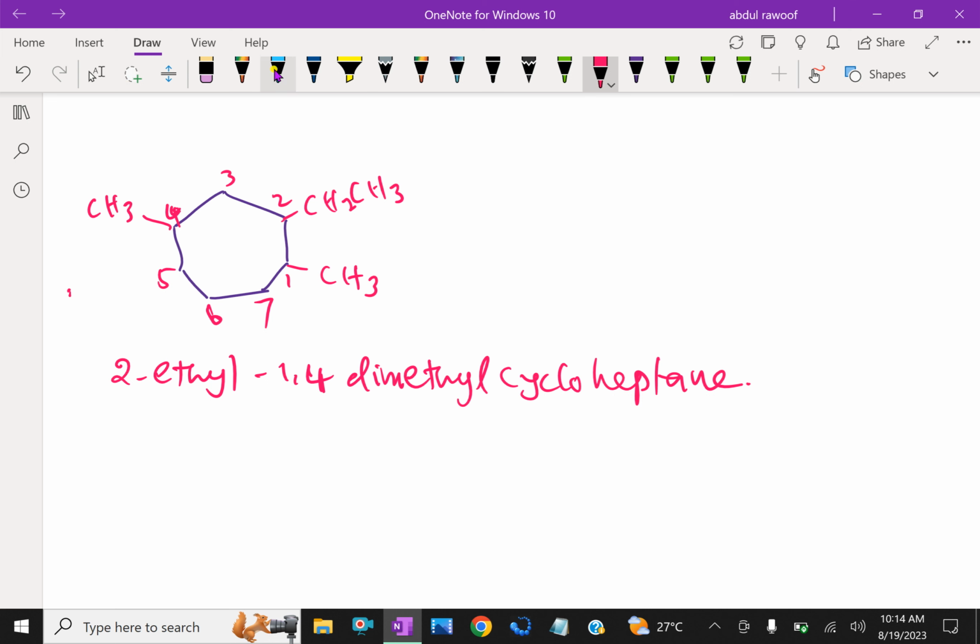Look at here, the main parent is heptane, and here starting number 1, 2, 3, 4, 5, 6, 7. Here is methyl, this is ethyl. So alphabetic order, ethyl is first, then methyl. So 2-ethyl, 1,4-dimethylcycloheptane.